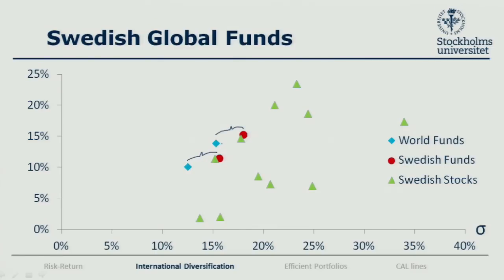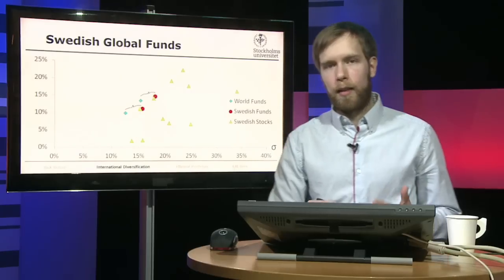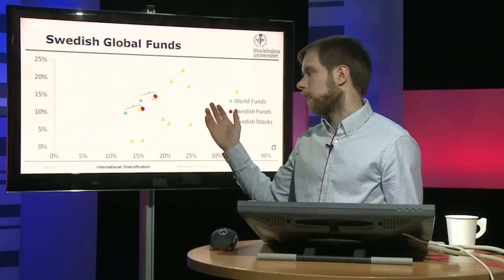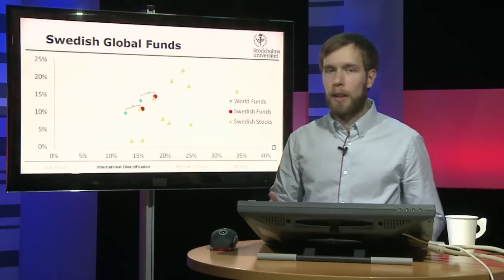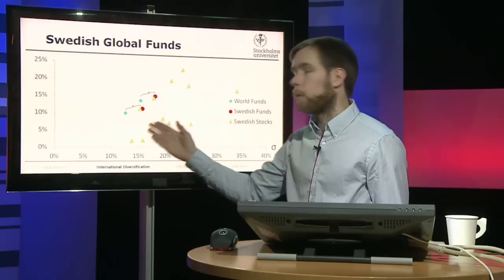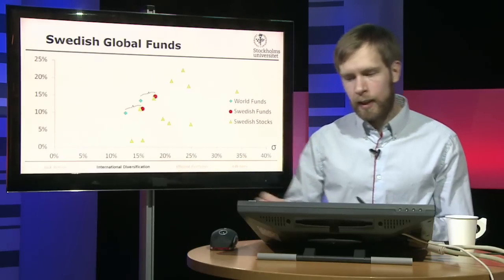You can see that this one is slightly below the most risky Swedish fund, and this one is also slightly below this one. But the main part of this comes from the international diversification. So it appears that you get less risk if you invest globally, so not just in Swedish stocks.